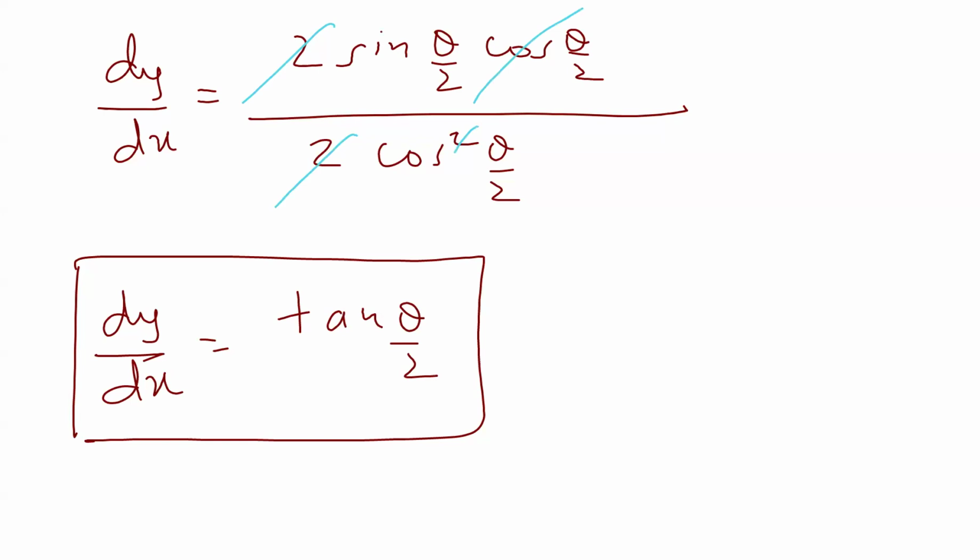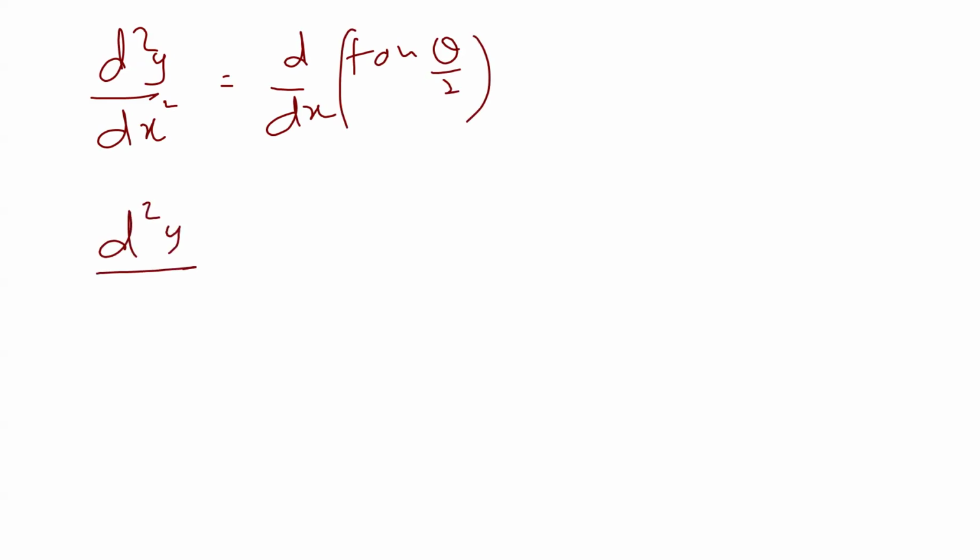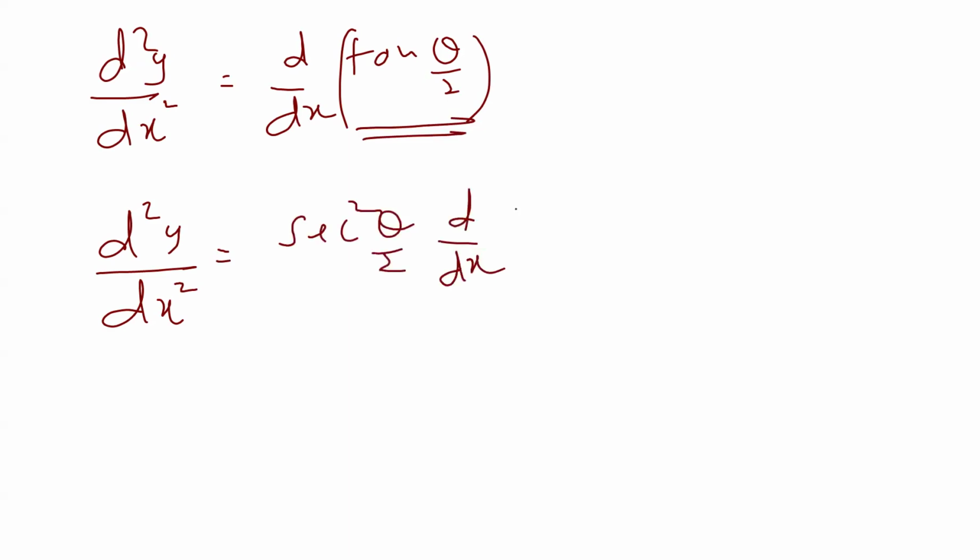Now differentiate this with respect to x on both sides, because we need the second order derivative, d square y by dx square. So d square y by dx square is equal to d by dx of tan theta by 2. The derivative of tan theta by 2 is sec square theta by 2 times d by dx of theta by 2.